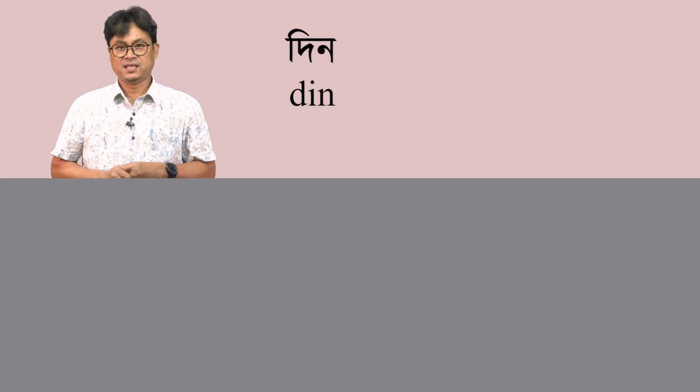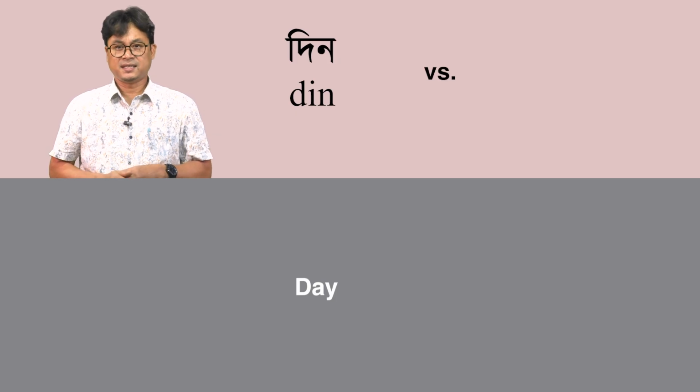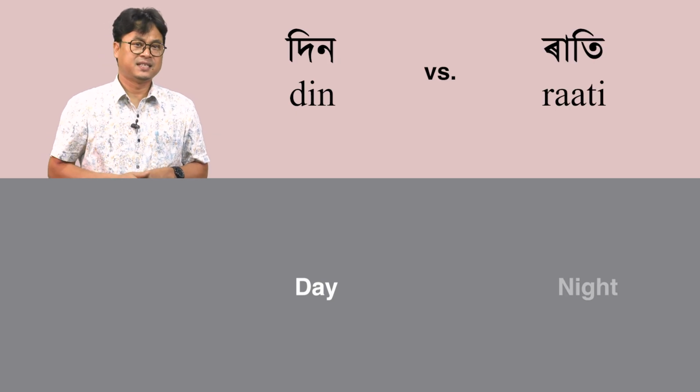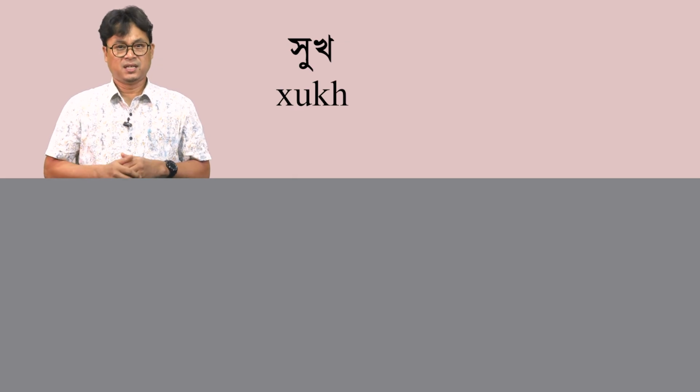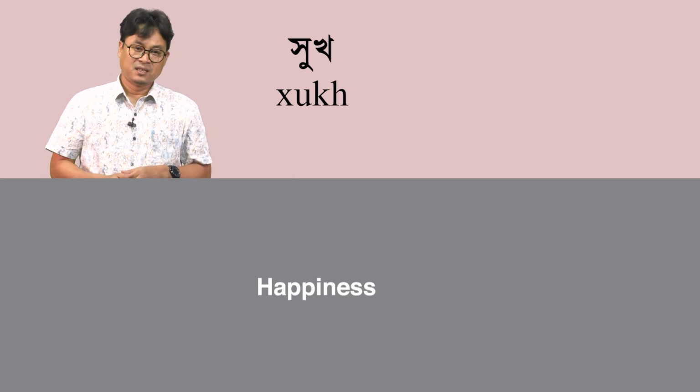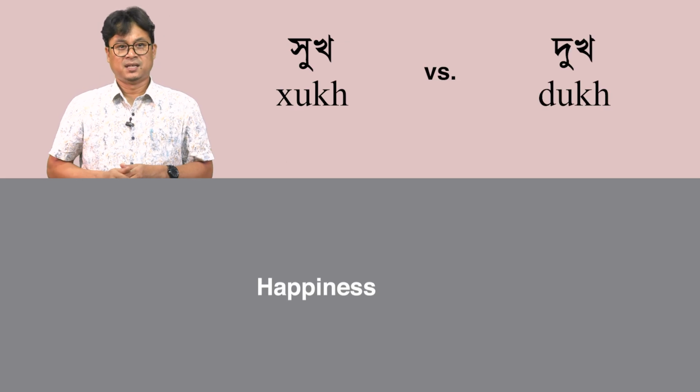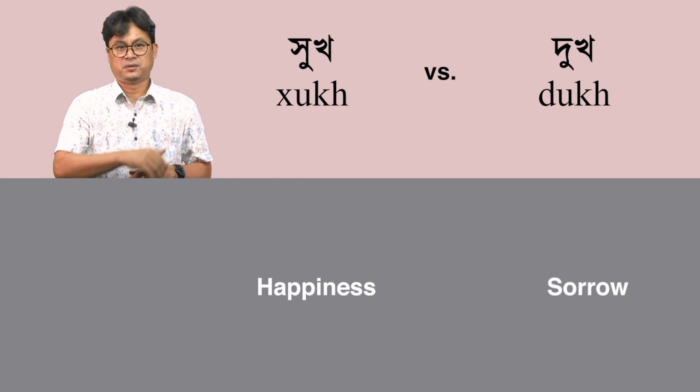Let us look at some important examples such as din means day versus rati. Rati means night. As we have already come across, this pair denotes opposite divisions of time. Hukh means happiness versus dukh. Dukh means sorrow. These words denote opposite emotional states.